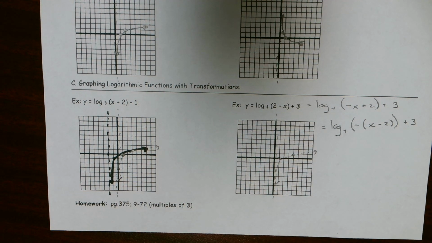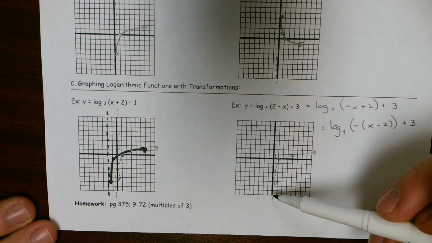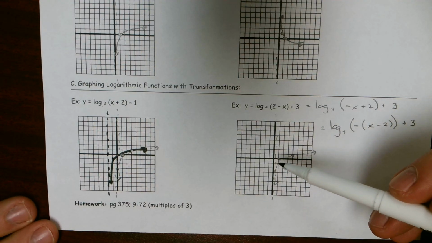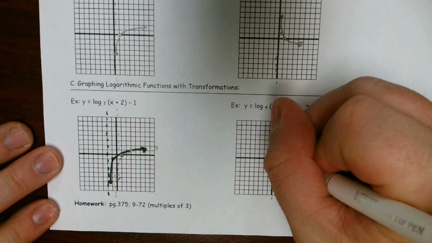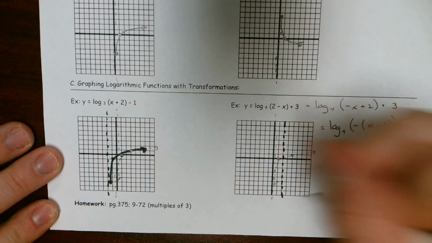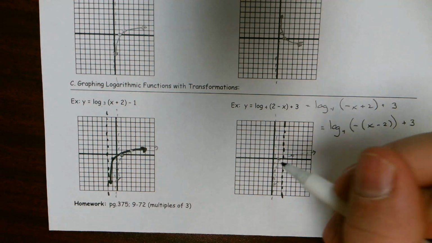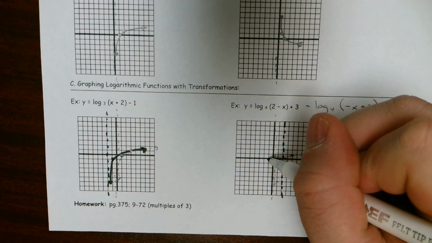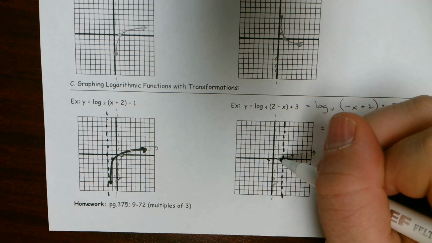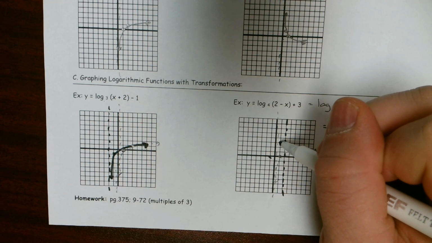So let's do the asymptote first. The asymptote's on the y-axis, so when you reflect it over the y-axis, it's still there. Right 2, up 3, really just right 2 is what we care about. Now let's take this point right here, this x-intercept. Always reflect before you do anything else. So reflect it over the y-axis, it'll be right here. And then right 2, up 3, it's going to be right there.